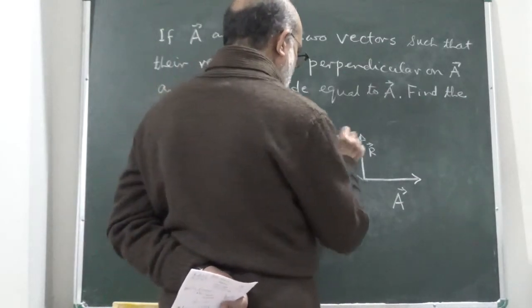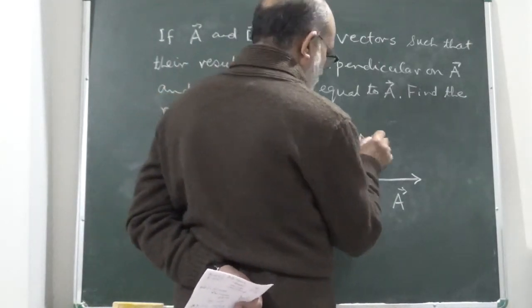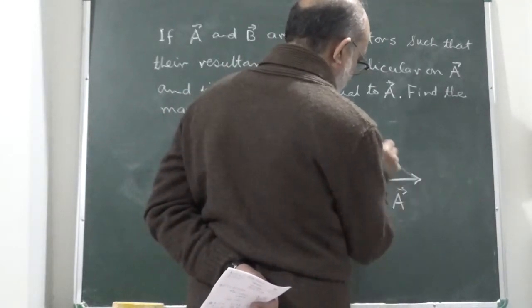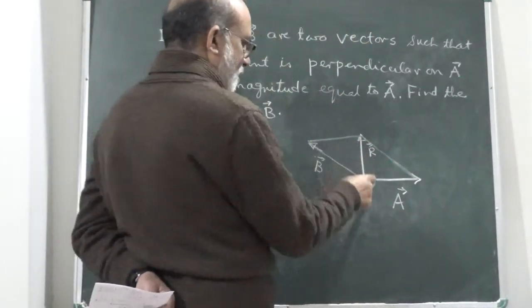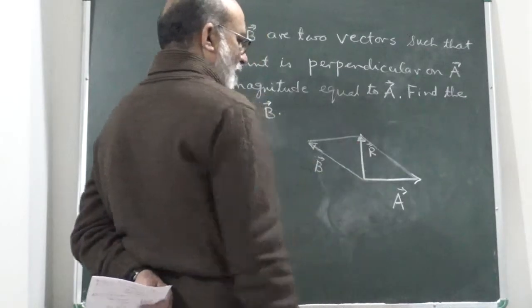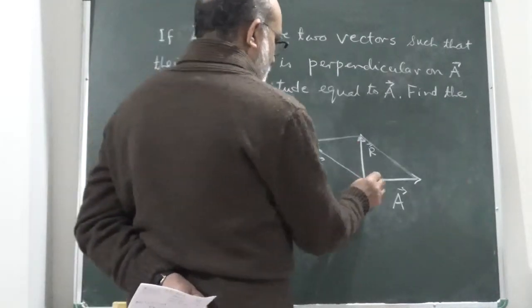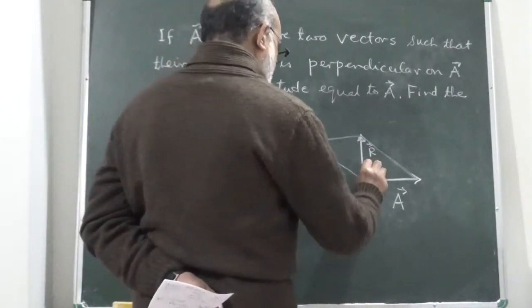This is B, this is A, this is the resultant, and this is 90 degrees.